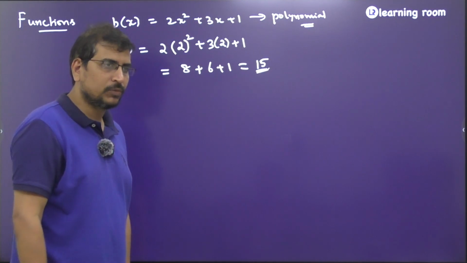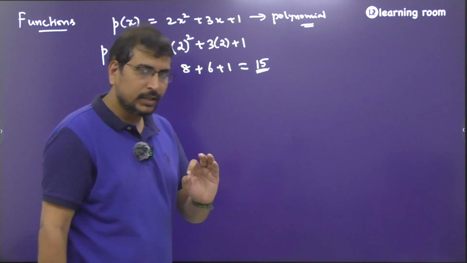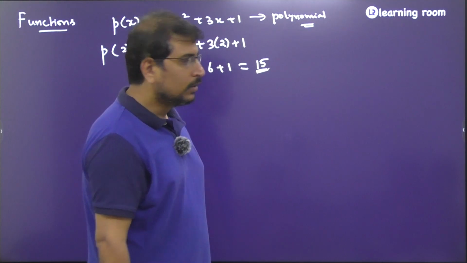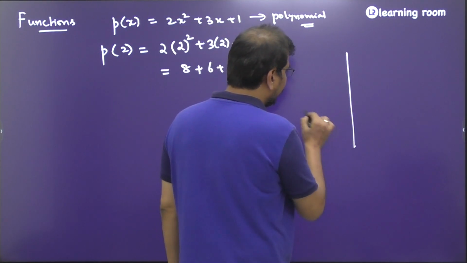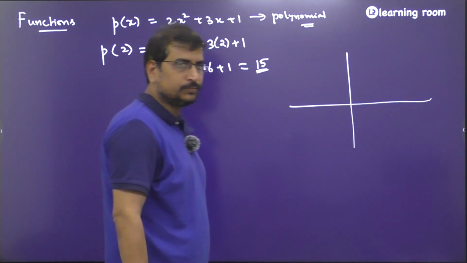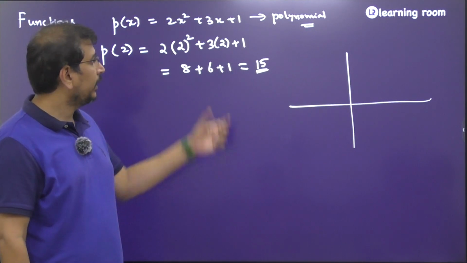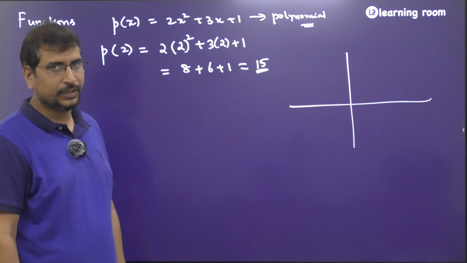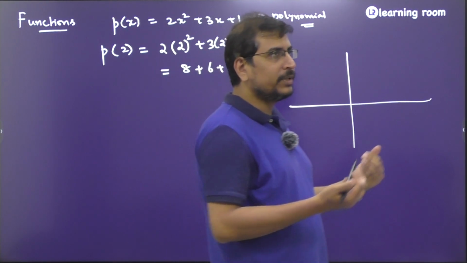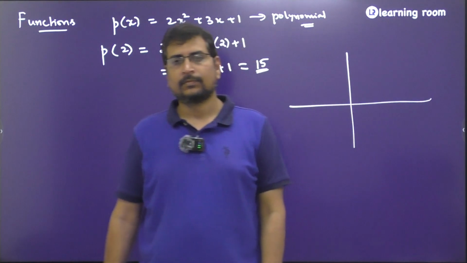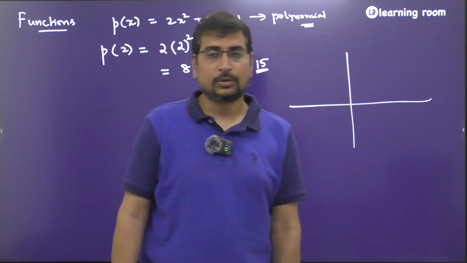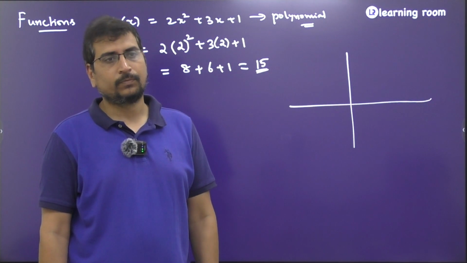You used one word. You called it a quadratic polynomial, right? So if I take this expression and plot it on a graph sheet, what does a quadratic polynomial give us? Quadratic polynomial is not a straight line, it's a parabola.